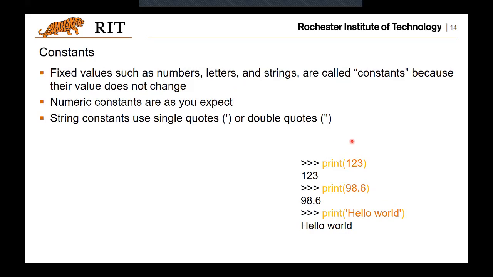One thing you need to keep in mind is that when you want to represent a string constant, you have to use either single quotes or double quotes, right? In this case, single quotes are used here. Just keep in mind, this is a requirement from Python to represent string constants.